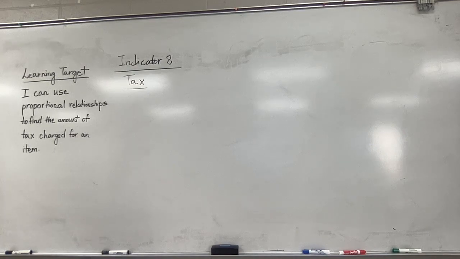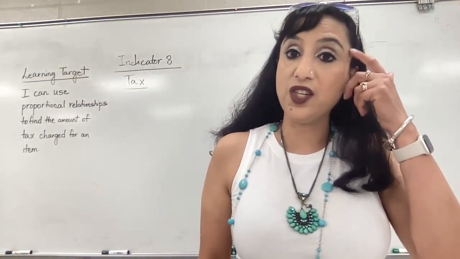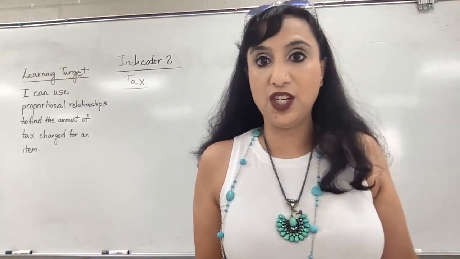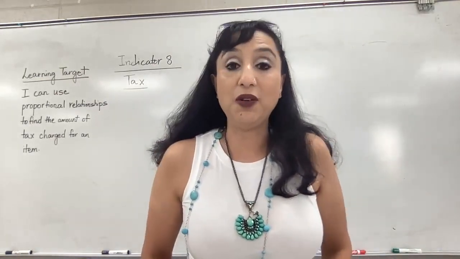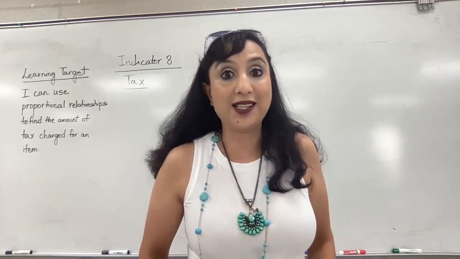Consider the cost of a t-shirt, which is $10, and it has a 7.5% tax rate. In situations like this, we are not just paying the $10 for the t-shirt. We do have to add on that 7.5% of tax also.